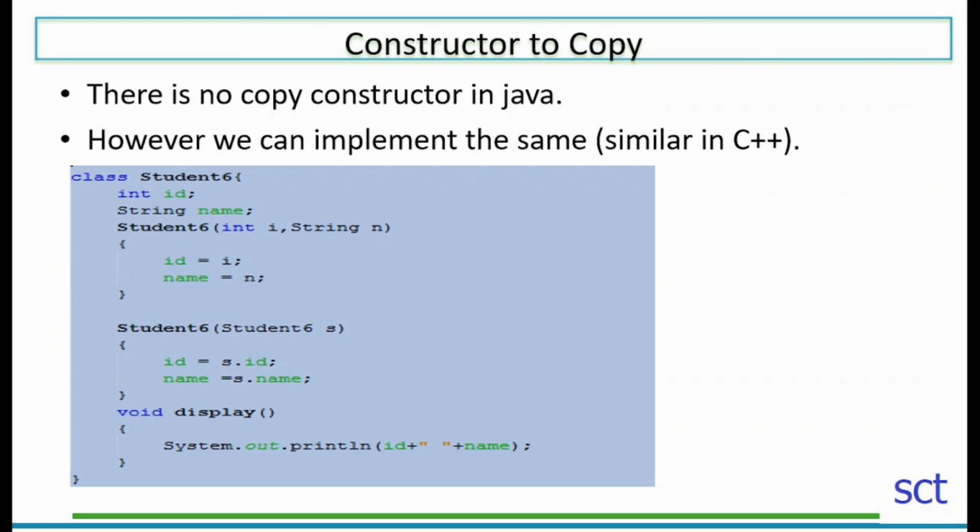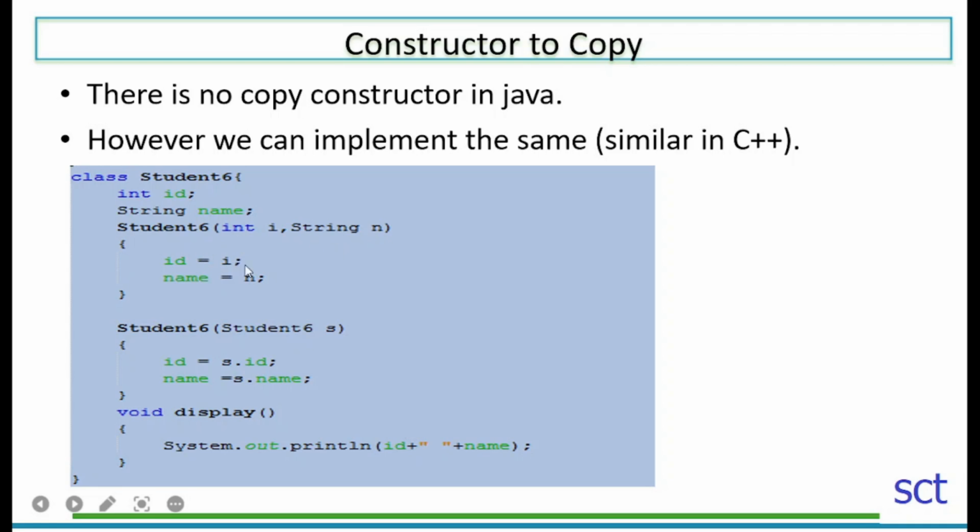Next, what you are going to see here is, with a constructor, can I copy the values? Yes, we can copy the values here. How will I do that? Here I have written one example, Student, and I have an ID for the student and a name for the student. In Student I have integer i and string n.